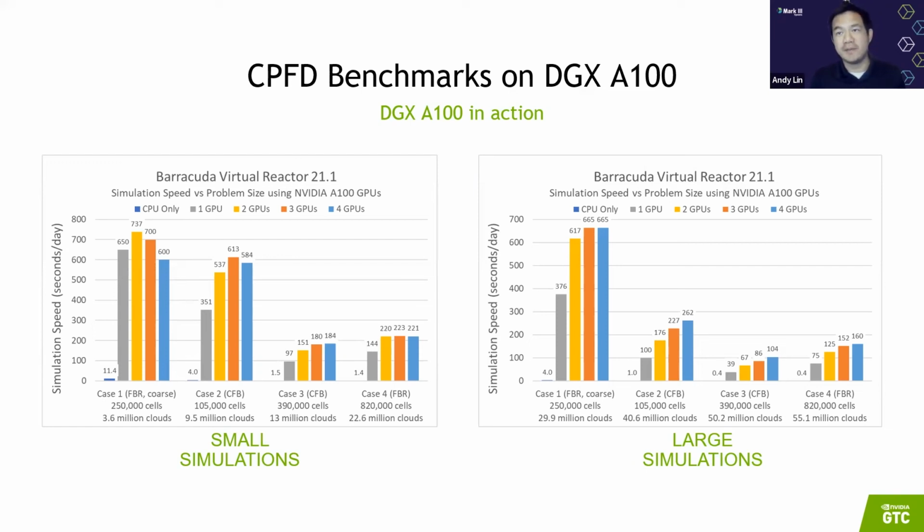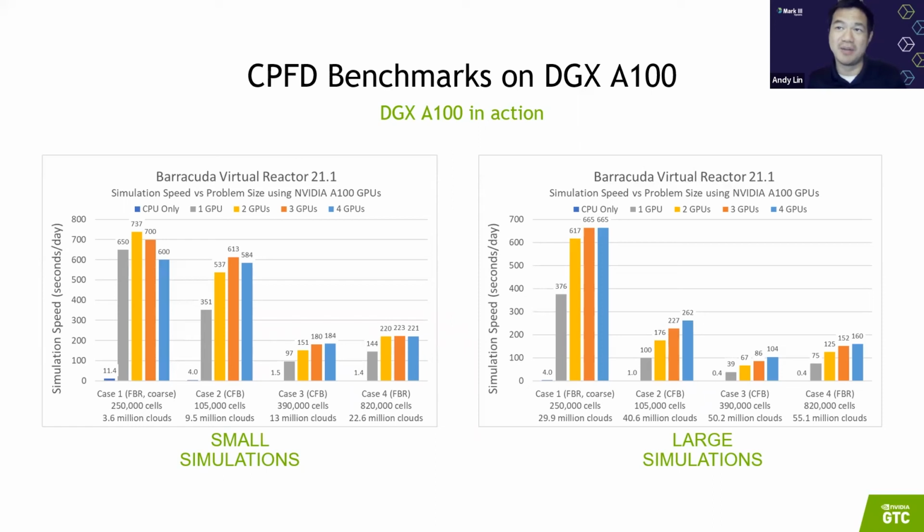So what that means, if you have, for instance, a station with 4 GPUs, is that you can potentially run up to 2 to 4 simulations in parallel, which allows you to get significantly more done than previously. Now, if you have large simulations that do require multi-GPUs, you can see a huge performance improvement.